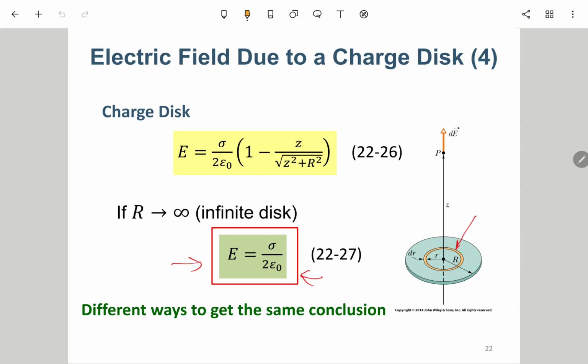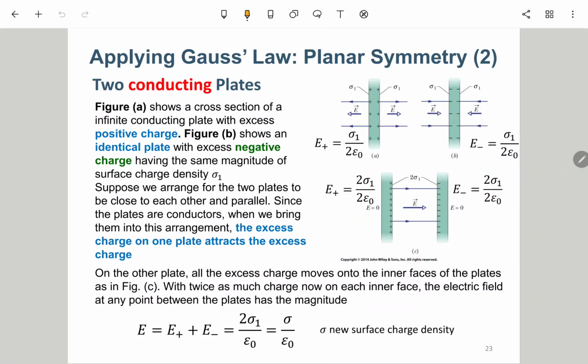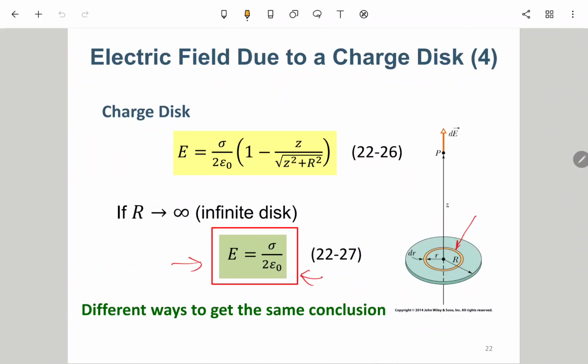So if we have more powerful mathematical tools, we can simplify the computation. But of course, you need to slightly understand what the Gauss law means. Okay, maybe we just pause here.